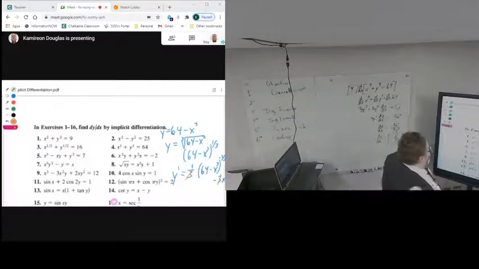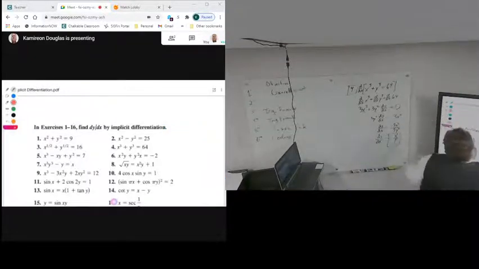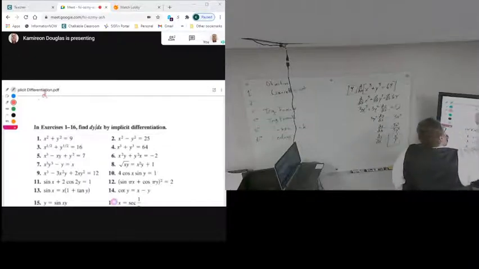Okay, let's talk about some basic rules for these implicit differentiation problems. d dx of any normal x's is like normal, so I'm just going to focus on the y's.